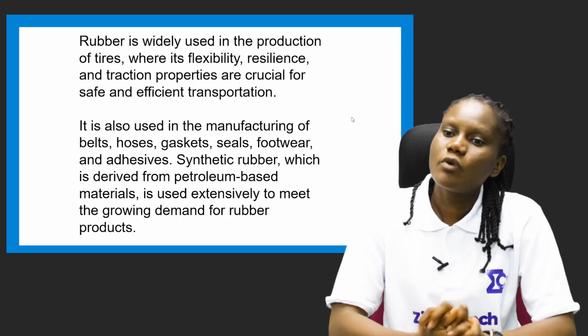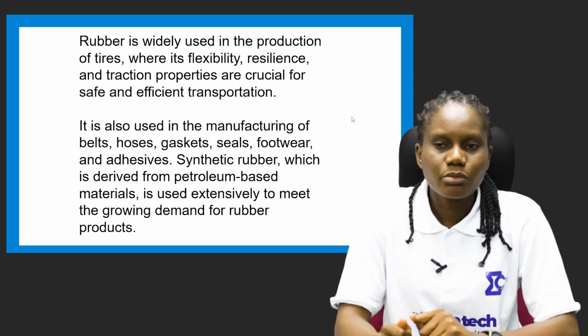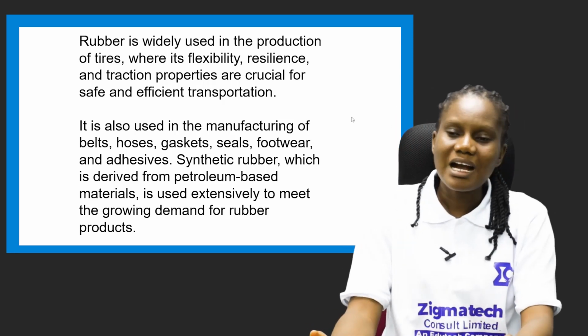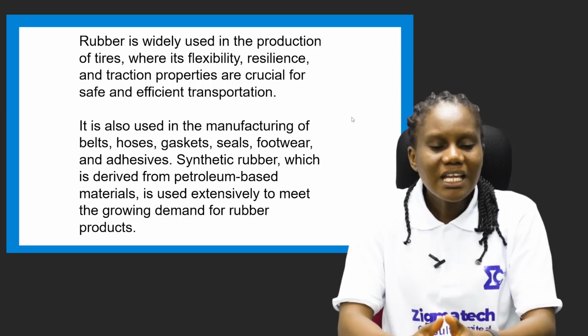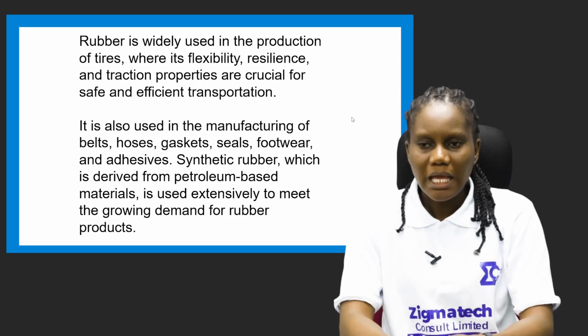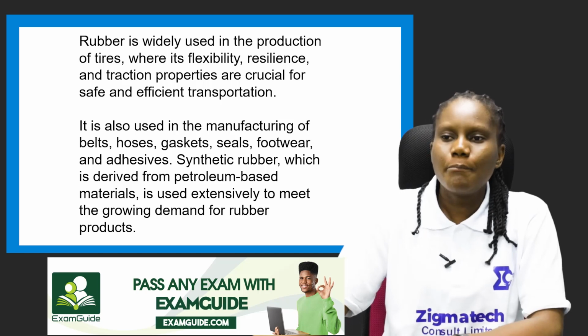Then there is synthetic rubber, which is derived from petroleum-based materials. Do not forget, when I talked about rubber the first time, it can either be natural or synthetic, and we said synthetic rubber is gotten from chemicals. The main source is petroleum-based materials, and it's used extensively to meet the growing demand for rubber products.